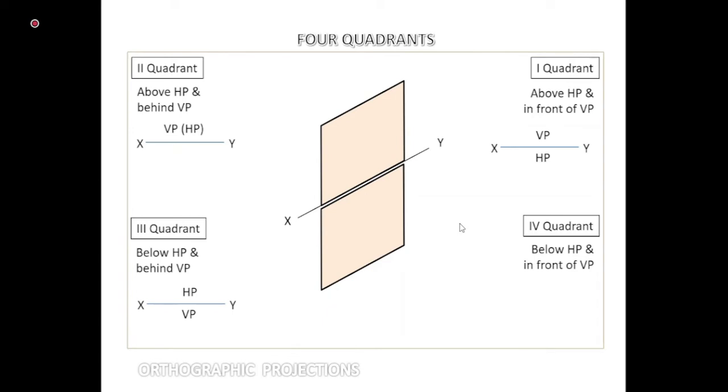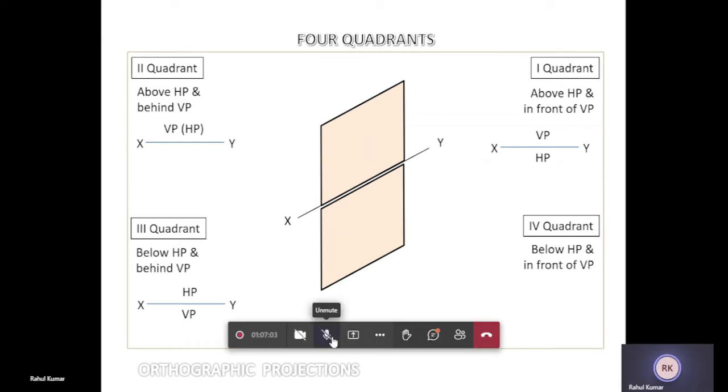The horizontal plane has gone up. The vertical plane has not come down, it was already there, but the horizontal plane has gone up. Now, if you are going to do a projection of an object which was in the third quadrant, what will happen to the top view?